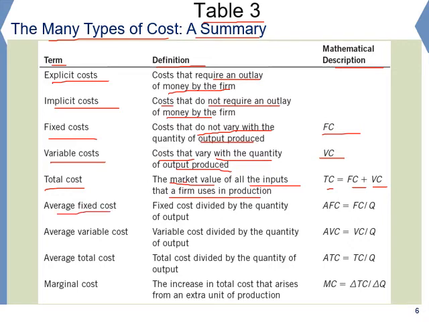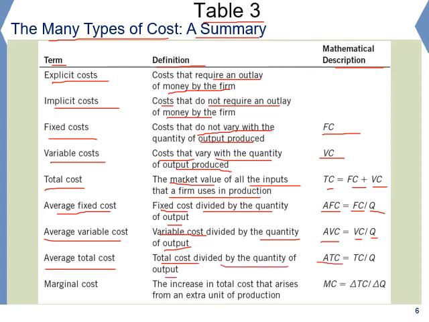The average fixed cost is the fixed cost divided by the quantity of output. So AFC equals FC divided by Q. The average variable cost is the variable cost divided by the quantity of output. AVC equals VC divided by Q. The average total cost is the total cost divided by the quantity of output.